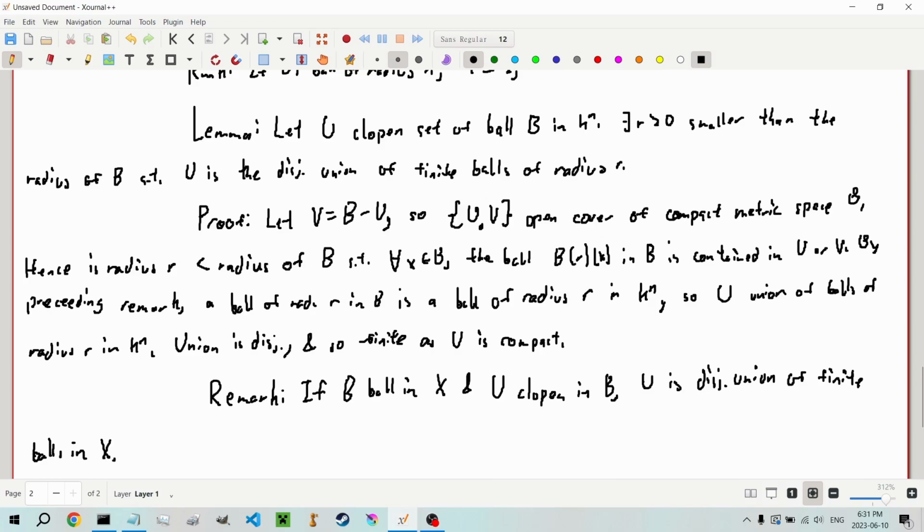I guess with no restriction on the radius, but that should be easier, right?